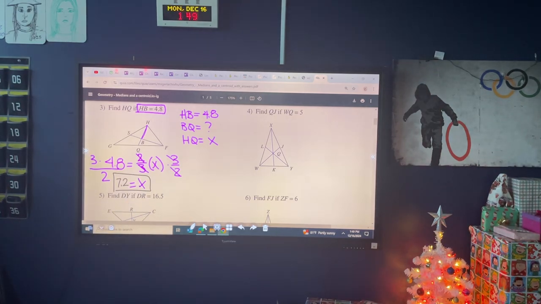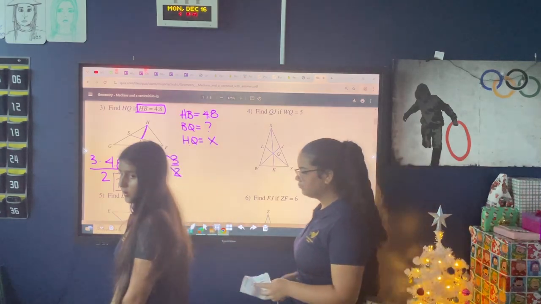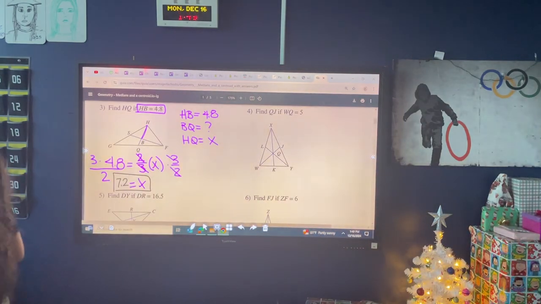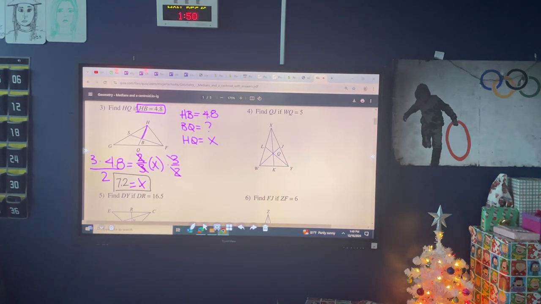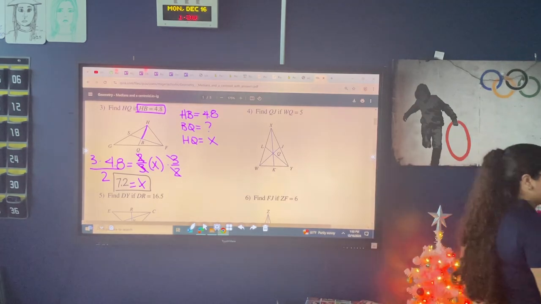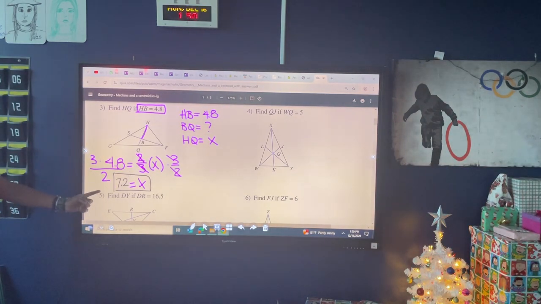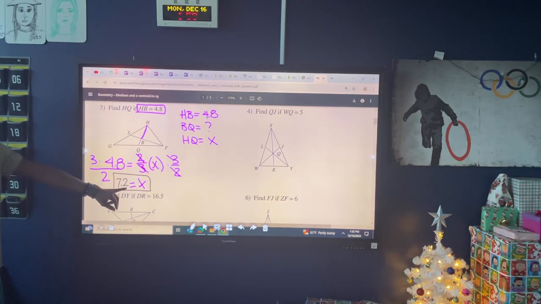How did you get 7.4? If we look here, the entire distance that they gave us is 7.2.